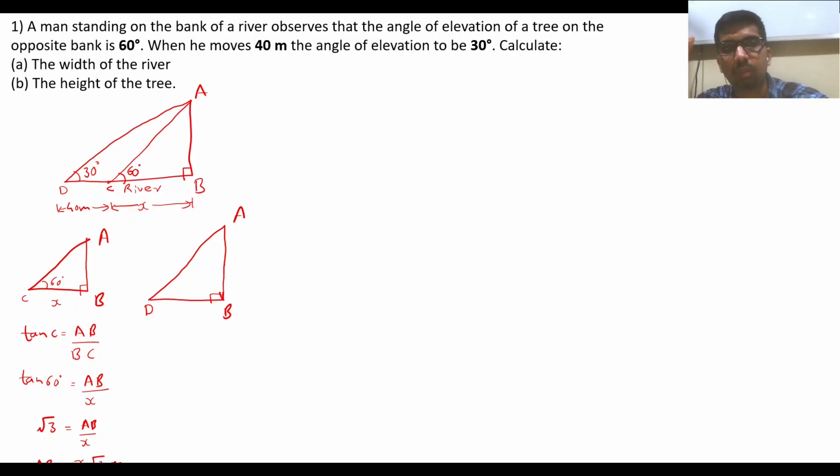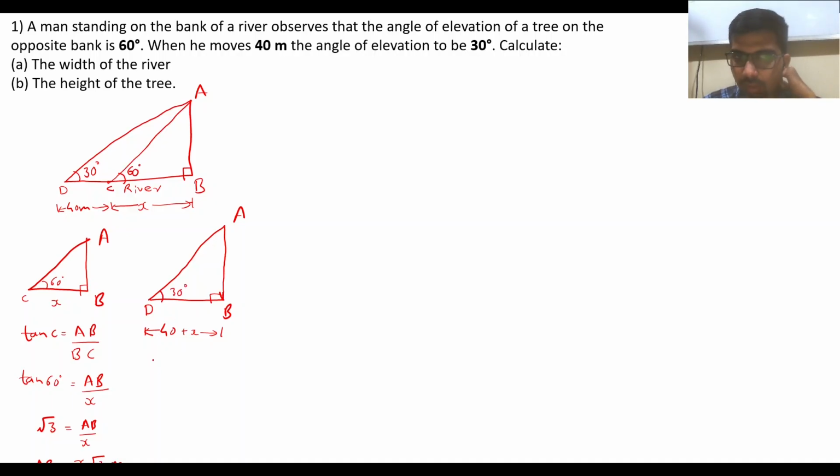So BD is how much? 40 plus x. So this distance will be 40 plus x. Are you getting it? I'll explain once again. Sorry, the width of the river is x meters, and he walked 40 meters away from the edge of the river. So the total distance is 40 plus x. AB we don't know, the height of the tree, but we know this angle of elevation. This has now become 30 degrees.